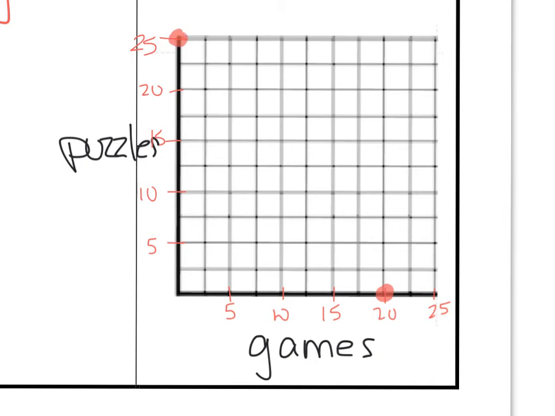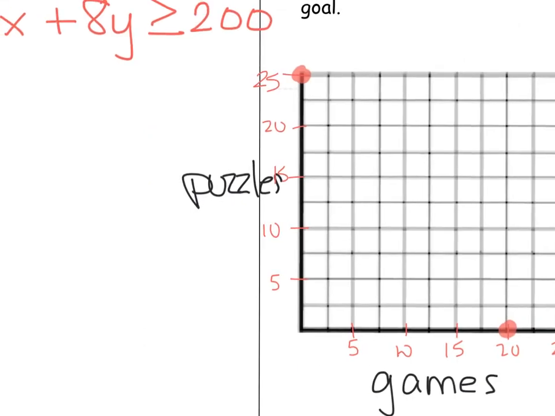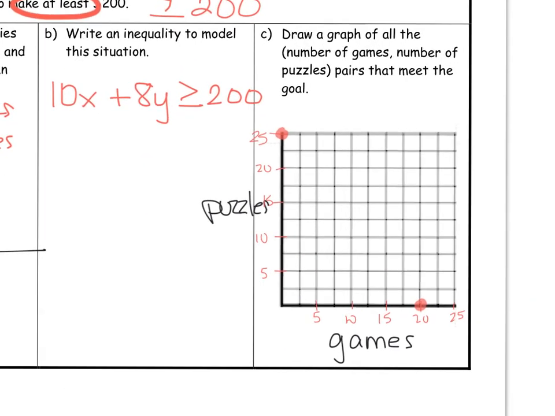So now I have to look at my boundary line. Let's go back to our inequality. It's a greater than or equal to, so that means it's going to be solid, and I'm going to shade above my boundary line.